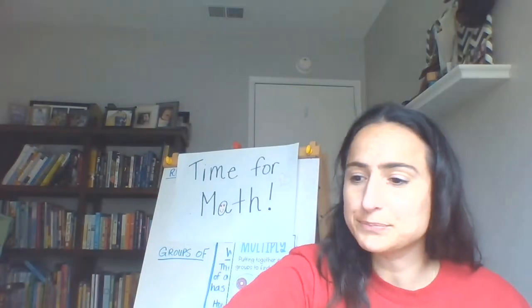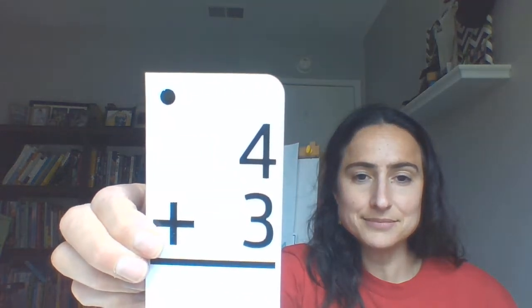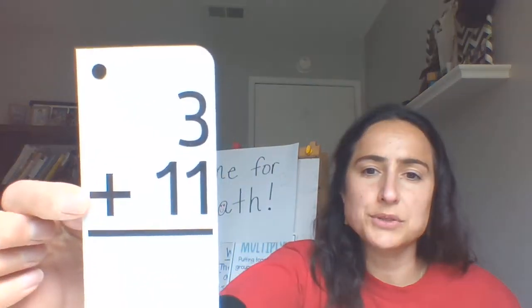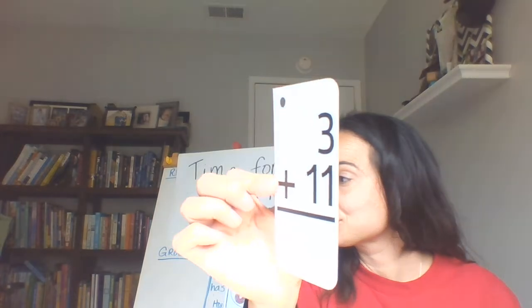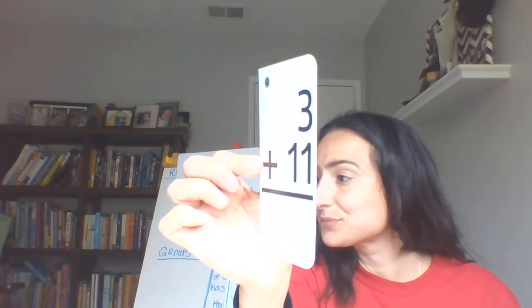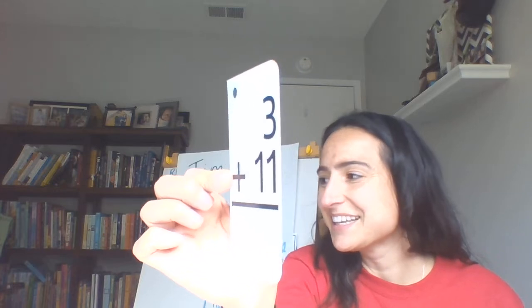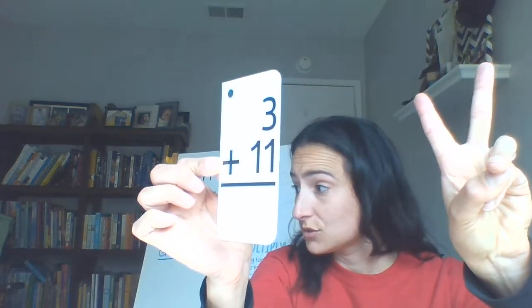9, good. 7, good. Start with the larger number and add on. 13. Oh, close. My son says 13. 11, and I'm going to add 3. 14.